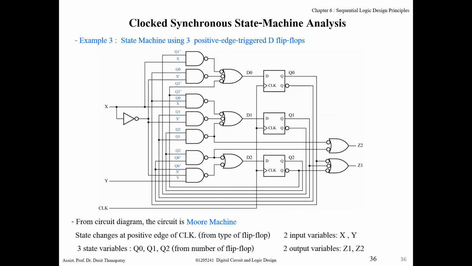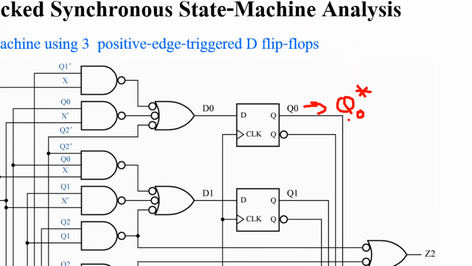So let's see the detail for Q0. When the clock ticks, Q0 will change to a new value. In this case, let's use the notation Q0 star. When the clock ticks, this flip-flop will read data from D0. That means Q0 star will be D0, based on the characteristic of the D flip-flop.